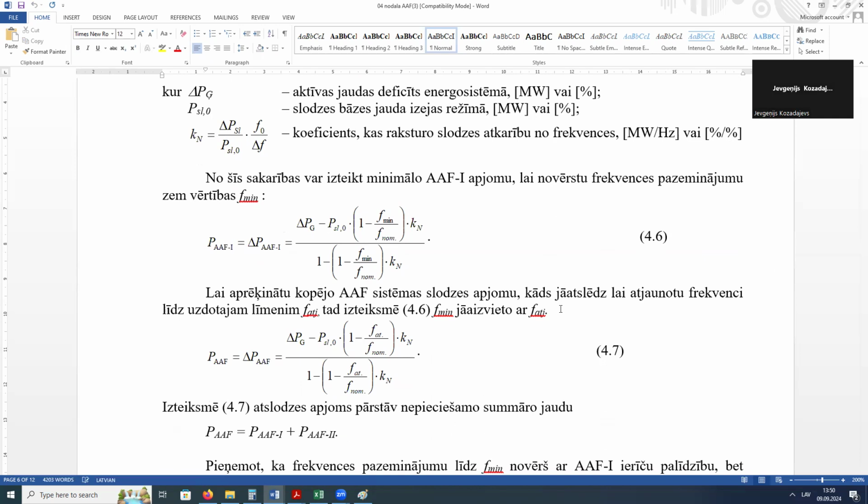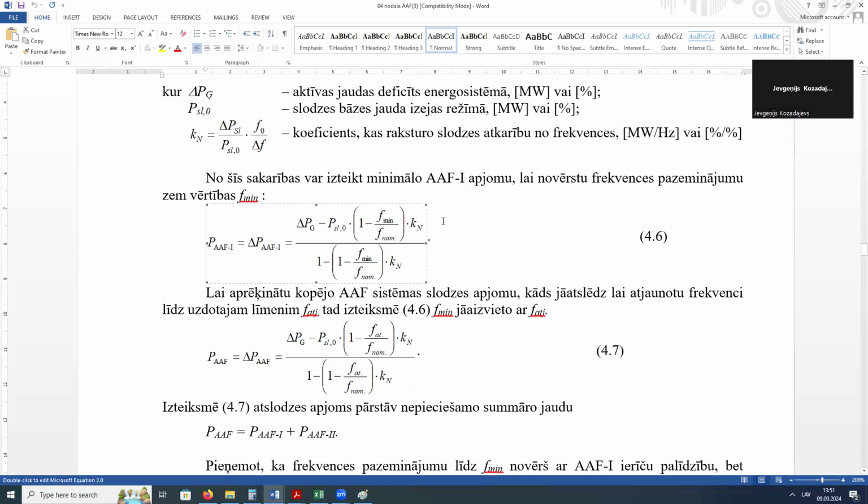To answer this question, first of all, we need to set the minimal possible frequency for our power system, in order not to allow a blackout. And here is F minimal.